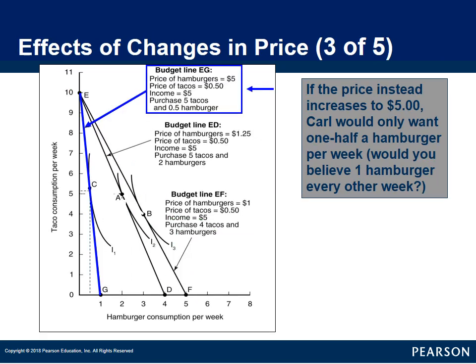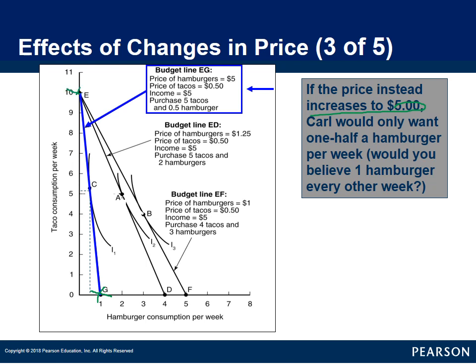Okay, this last graph here, or this third graph here, shows what if the price increased to $5 for hamburgers? So you would actually only be able to purchase a maximum of 1 hamburger.